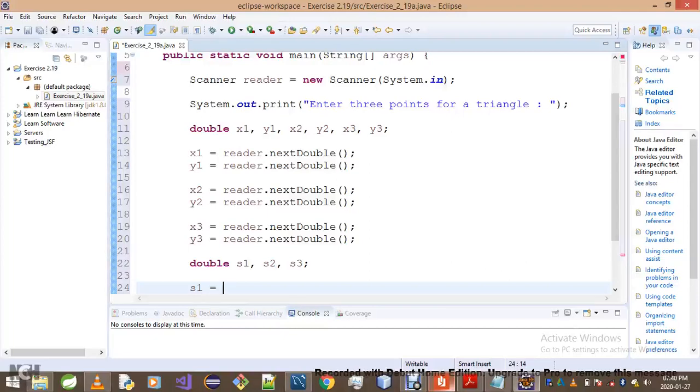Those are the coordinates of the second point, x2 y2, and the coordinates of the first point, x1 y1. Okay, so let's deal with that.